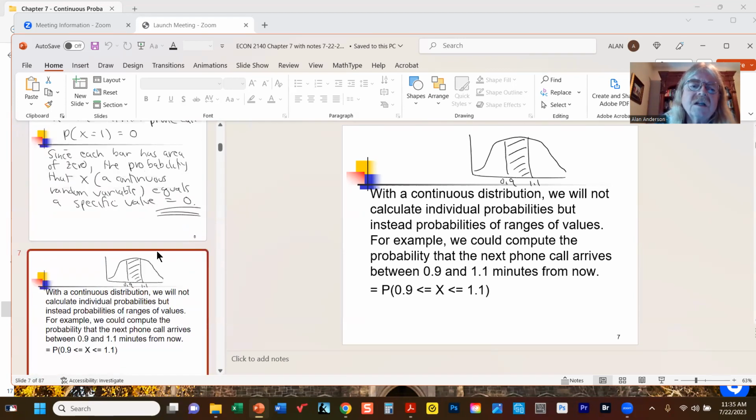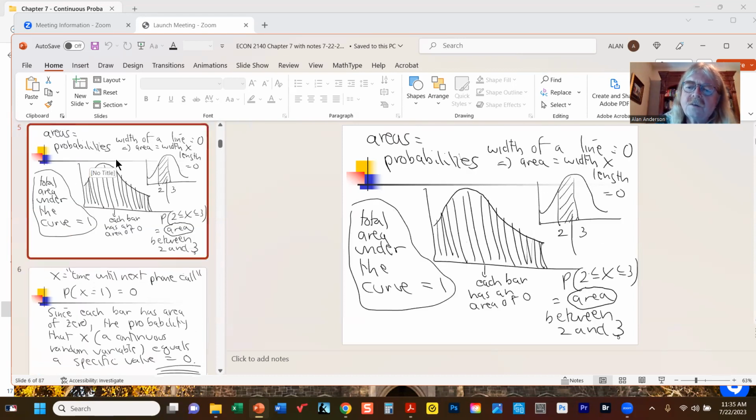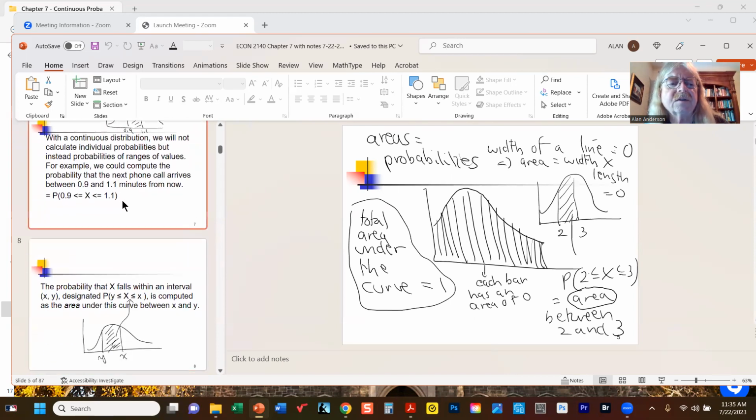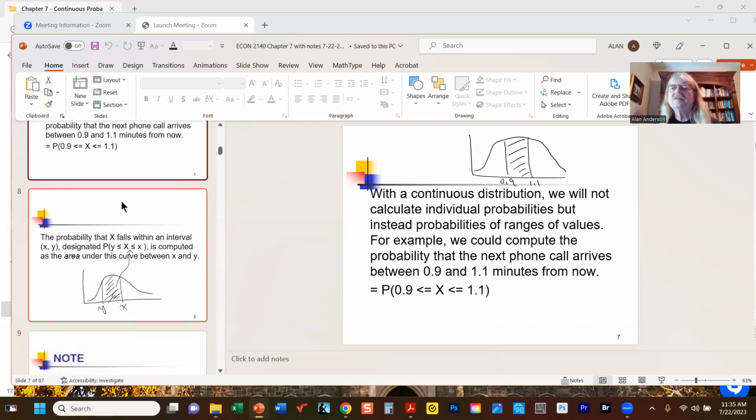But to try to calculate the probability of the time being precisely 1, that by definition is equal to 0, because each of these lines has a 0 width. So it has, in principle, a probability of 0 by itself. But when we combine it with some of the others, we can calculate probabilities for ranges of values. That we can do. All right, so in other words, no more probabilities that x equals a specific amount. It is simply a range that we're looking for.